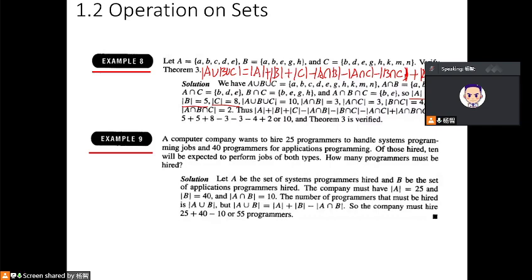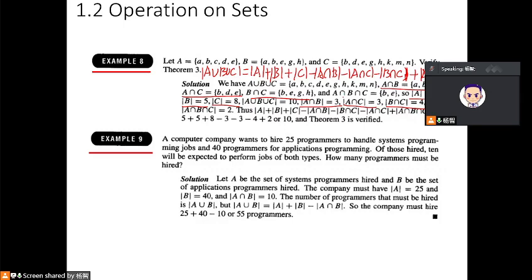The intersection of A and B is equal to {A, B, E}, so the cardinality of the intersection of A and B equals 3. The intersection of B and C is equal to {B, E, G, H}, so its cardinality equals 4. The intersection of A and C is {B, D, E}, so its cardinality equals 3.